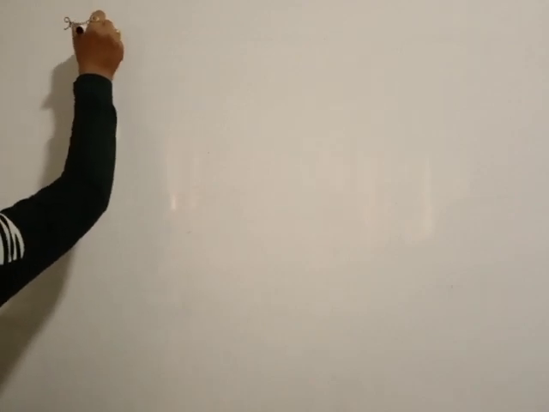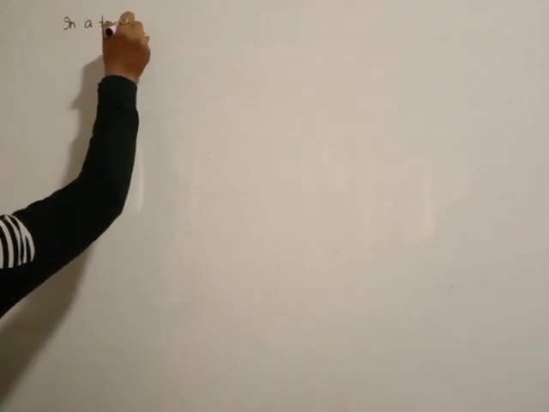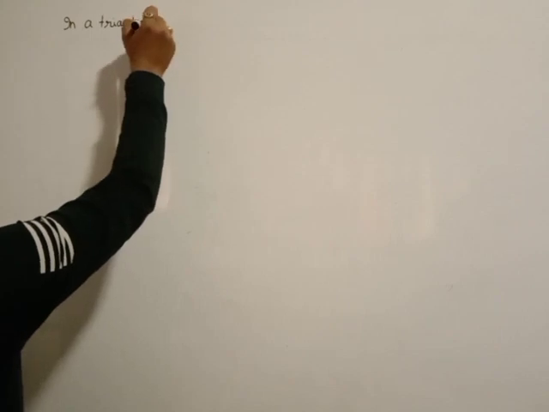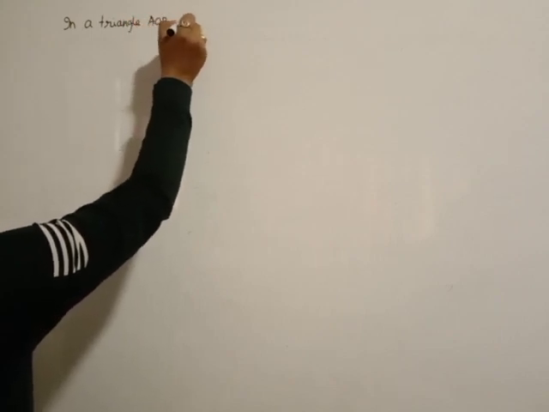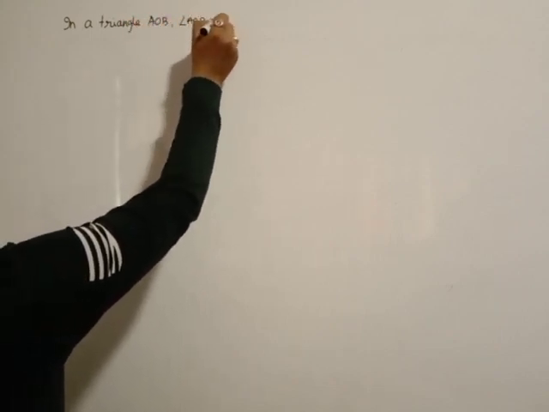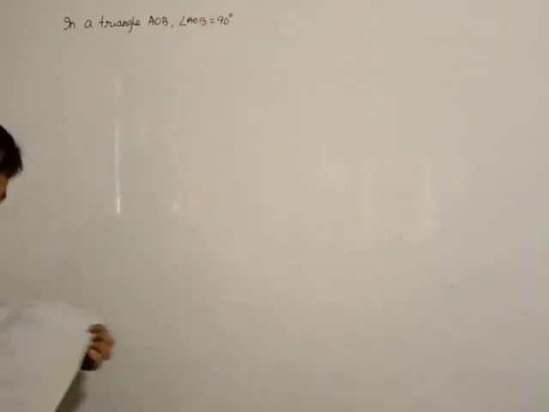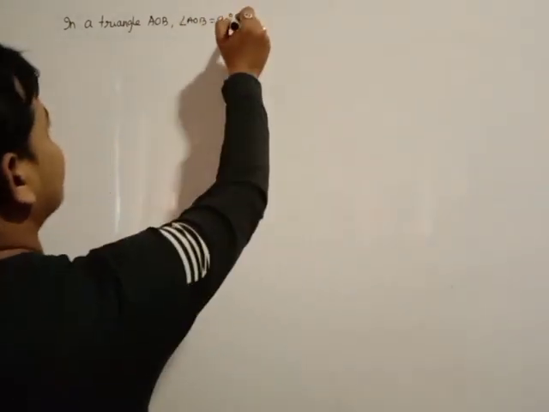See the last question of the theorem in this exercise. In a triangle AOB, angle AOB is equal to 90 degrees. Means which type of triangle? It is a right angle triangle.